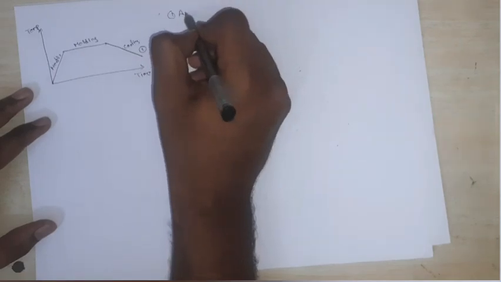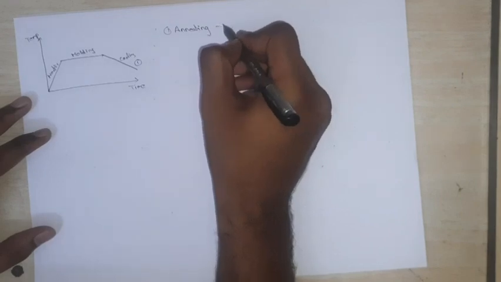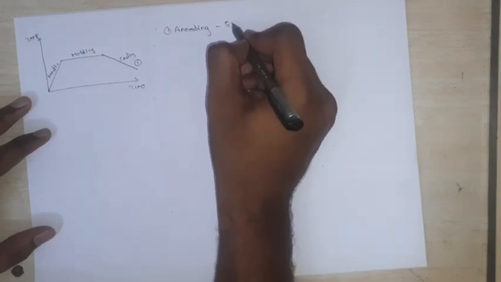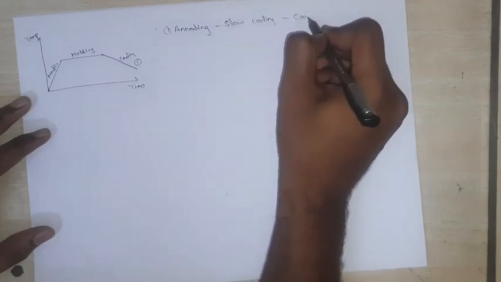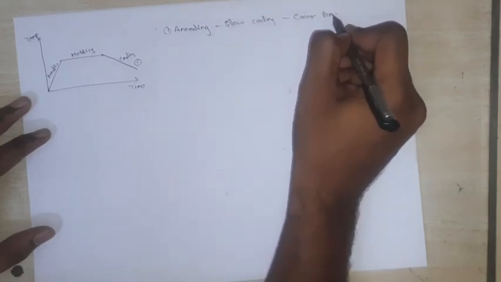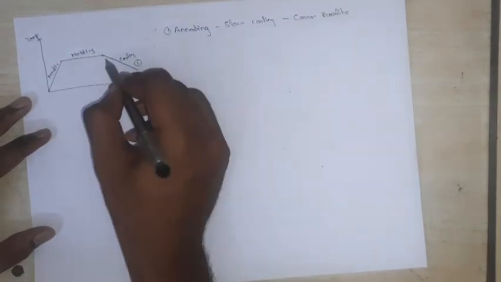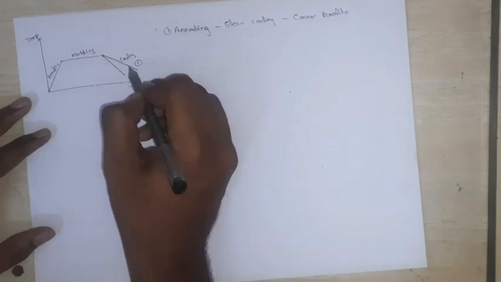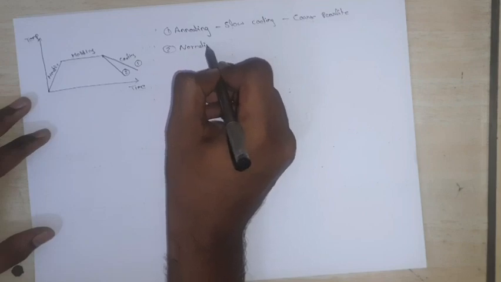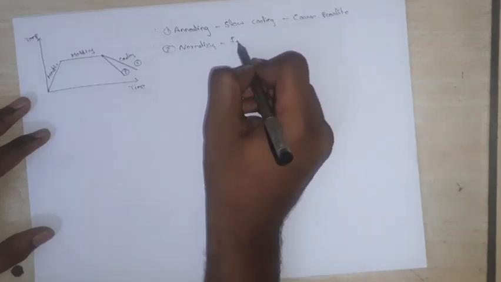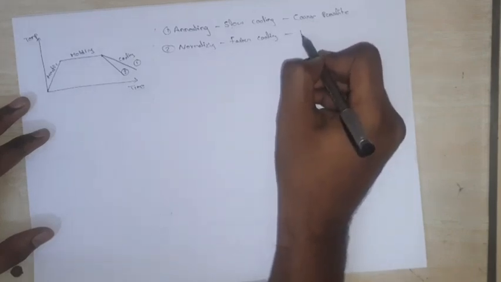The first heat treatment process is annealing. Cool the material very slowly, that is slow cooling, and coarse perlite is formed. If we cool somewhat faster than the first, that is called normalizing, and here we get fine perlite.